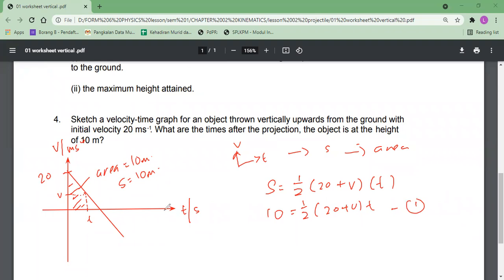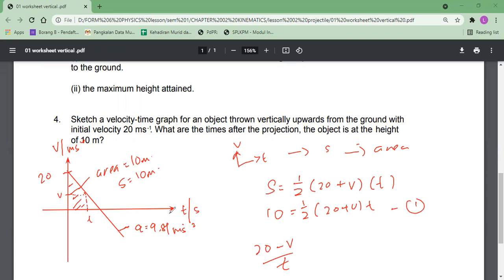Equation 2, what do we have? From here, 20 minus v over t, what will be the gradient? The gradient shows the acceleration, right? The acceleration equals 9.81 ms negative 2.